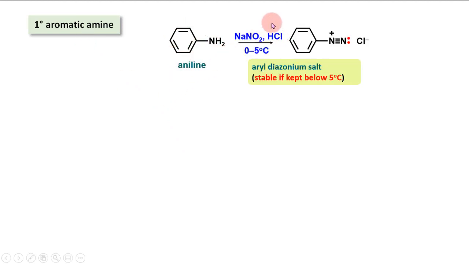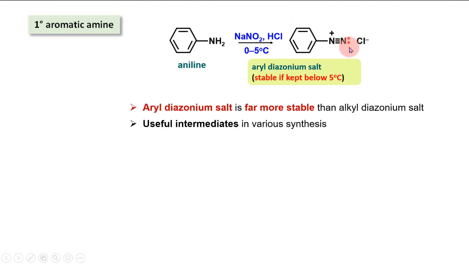When it undergoes this nitrous acid test, we are going to form a diazonium salt, which is slightly more stable if you keep the temperature below 5 degrees Celsius. So it will remain as this diazonium salt. An aryl diazonium salt is far more stable than the alkyl diazonium salt. It is a very useful intermediate in various syntheses. So we're going to use this diazonium salt later.